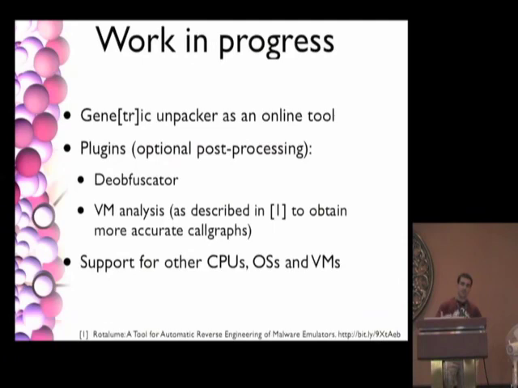Then having things to deal with obfuscation specifically, and virtual machines. Probably most of you have read the Rotalume paper, this tool for automatic reverse engineering. That was from the Carnegie Mellon guys, and I think there was an Italian guy from the Politecnico di Milano in the middle as well.